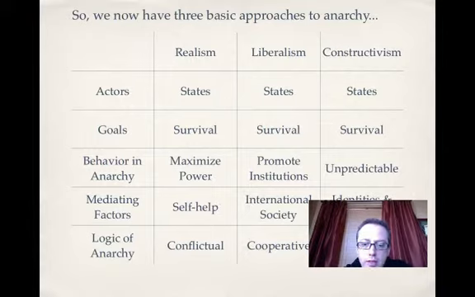Liberals believe that this can be mitigated, of course, as we've said, by the emergence of an international society built of republican democracies. But for constructivism, the mediating factor is identities and interests. Identities, of course, being the question of how we identify each other. Do we identify each other just as billiard balls according to the realist model or the liberal model?